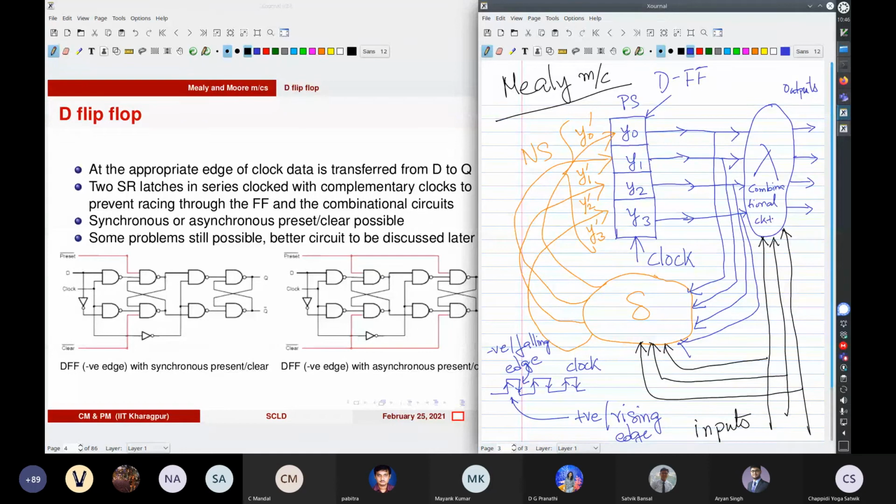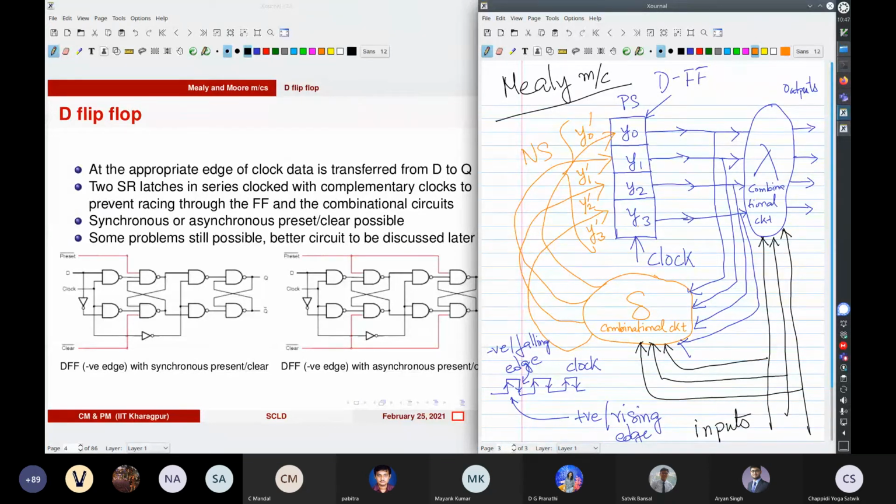This is also a combinational circuit. So these are combinational circuits, and these are your state variables, your flip-flops.